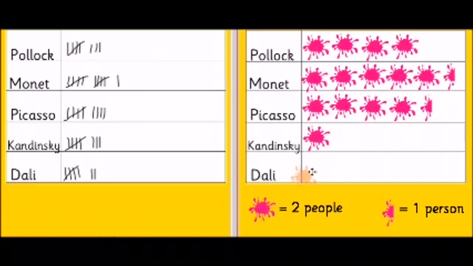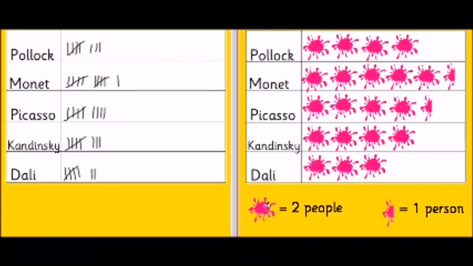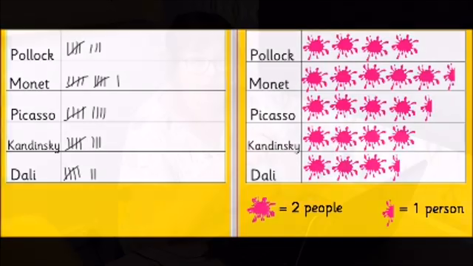Okay, for Kandinsky, we've got 8 again, so it's 2, 4, 6, 8 people. And for Dali, we have 7, so we can put 2, 4, 6, and we need that 1 to make 7. And there you can see we have our pictogram completed.